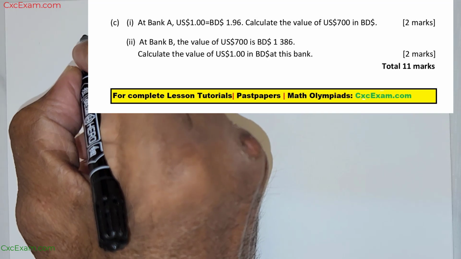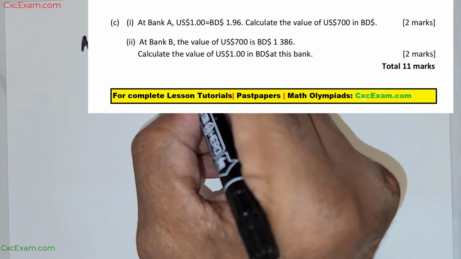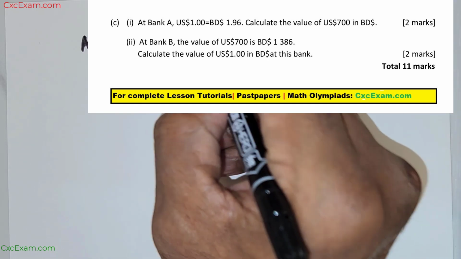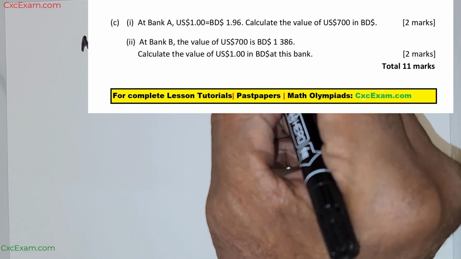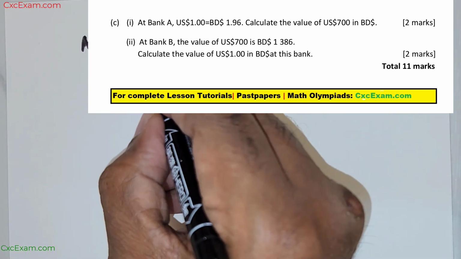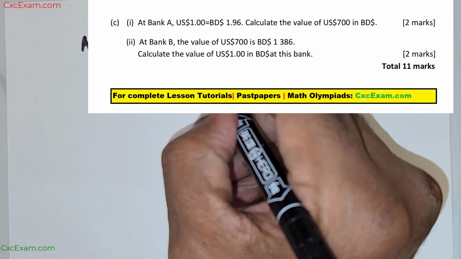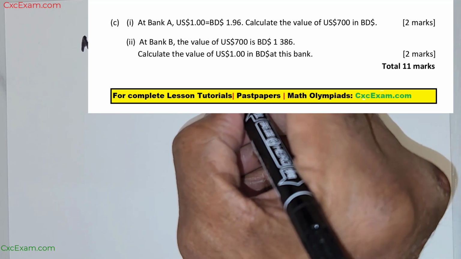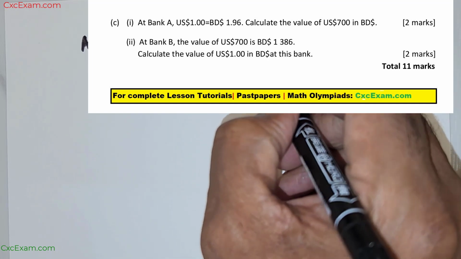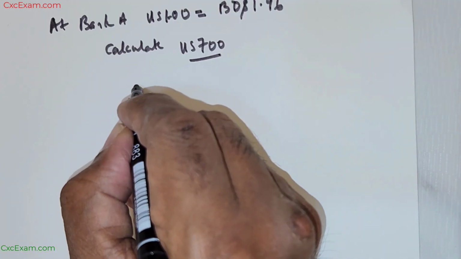We are given two banks. Now at bank A, it says that $1 is equal to BD dollar 1.96. So we are asked to calculate what a person will get for US $700. So that means the person is exchanging $700. So what you have to do, you can write down the following information.